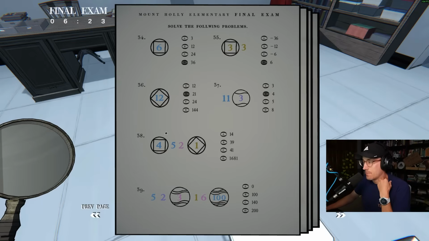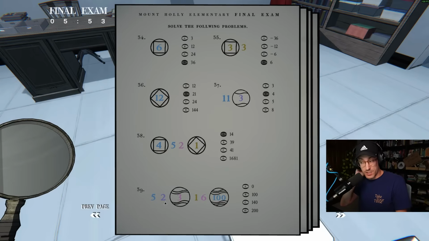I think we have to try that. 4 squared is 16, 21, 42, 41 flipped is 14, 5, 2.5, 2.5 times 3 is 7.5.